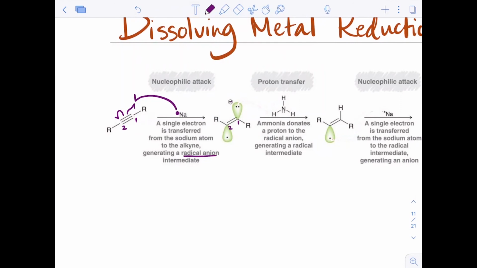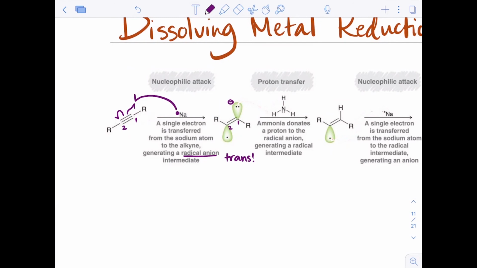Notice carbon 1 has a negative charge and carbon number 2 is neutral. Radicals are neutral, but they are reactive because there is a missing octet. With the anion, that carbon has its octet, but it has an extra electron, namely from that lone pair. This is where the trans intermediate starts to form. We form an intermediate that is more stable, and we know trans is more stable than cis.